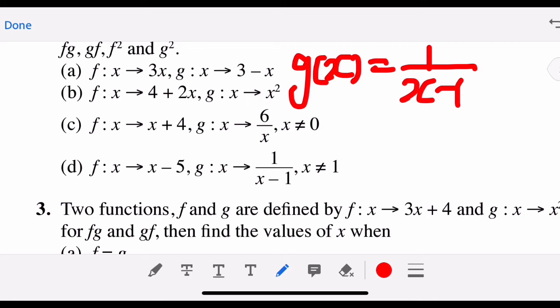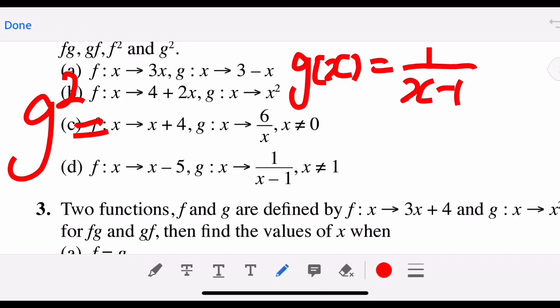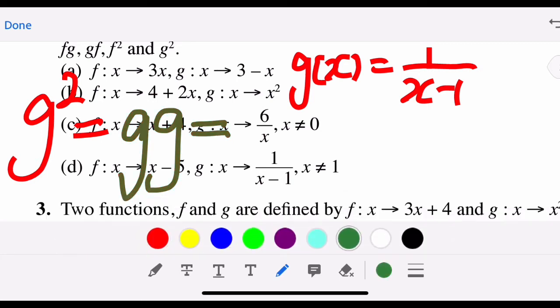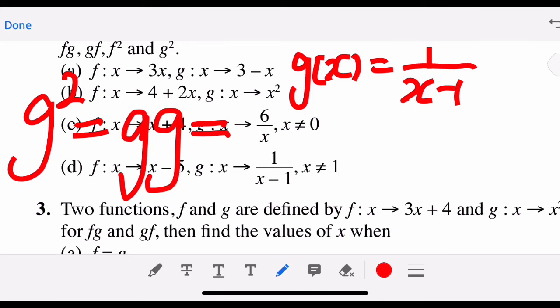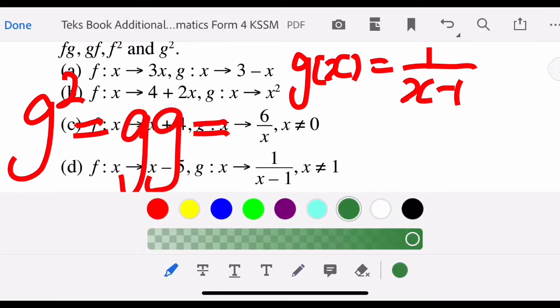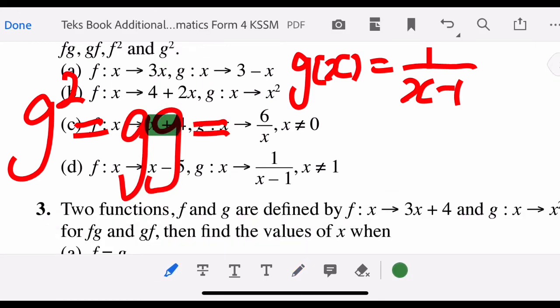If g2, it means your g is a function, right? So you will write g, and you can write it as gg, okay? Meaning that the object is g, and the function is g.